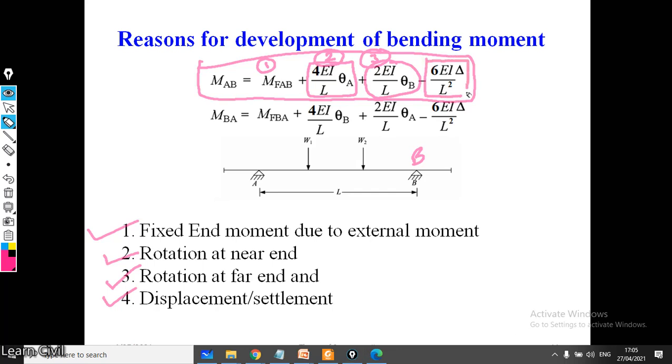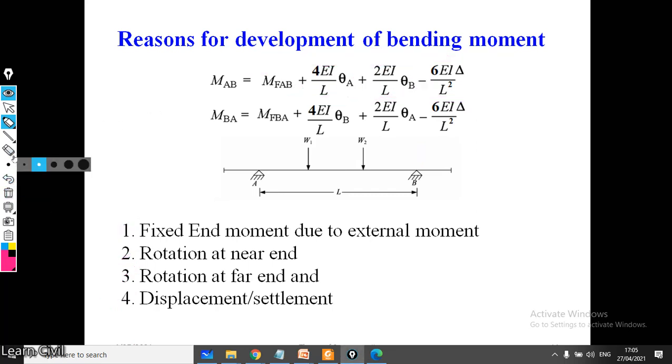You can see this additional term is deducted in this equation because this is the bending moment due to displacement. Okay, these are the four reasons why bending moments are developed in any beam.